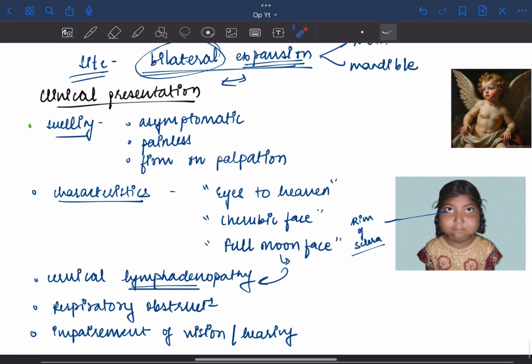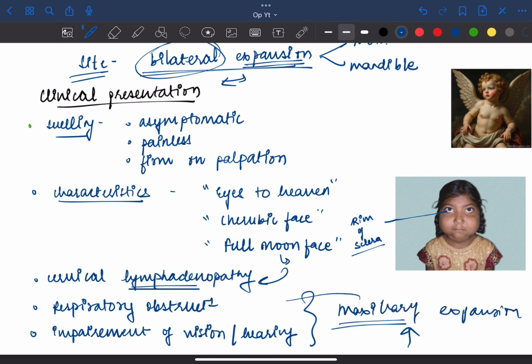Other systemic problems that we see are cervical lymphadenopathy, respiratory obstruction, and impairment of vision and hearing. All of this occurs because of the maxillary expansion. The maxilla has expanded so much that it has led to respiratory problems and problems in vision.